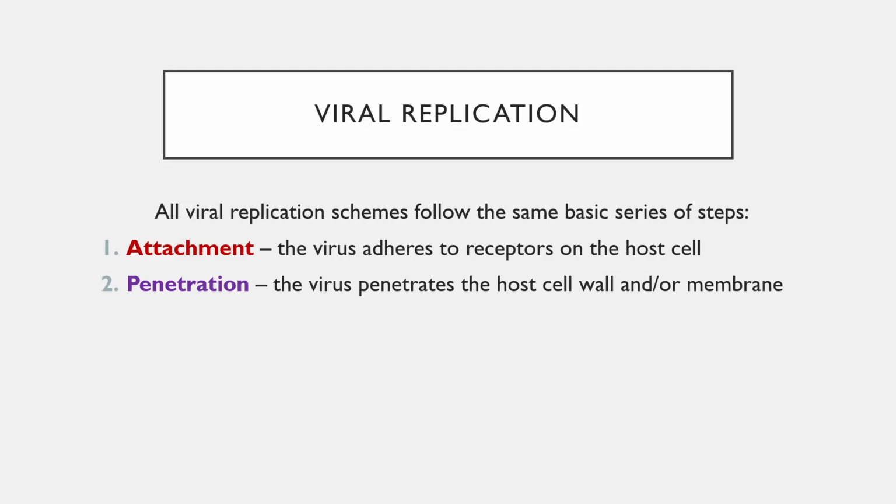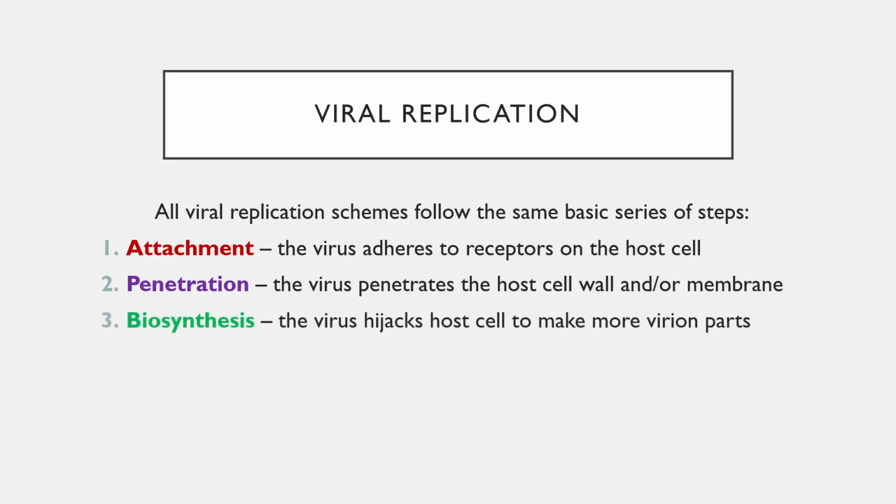And then comes biosynthesis. The virus hijacks the host cell in this step in order to force the host cell to redirect its attention away from its normal metabolism and instead to focus on making more parts of new viruses, including proteins for the capsid and copies of the nucleic acid material.